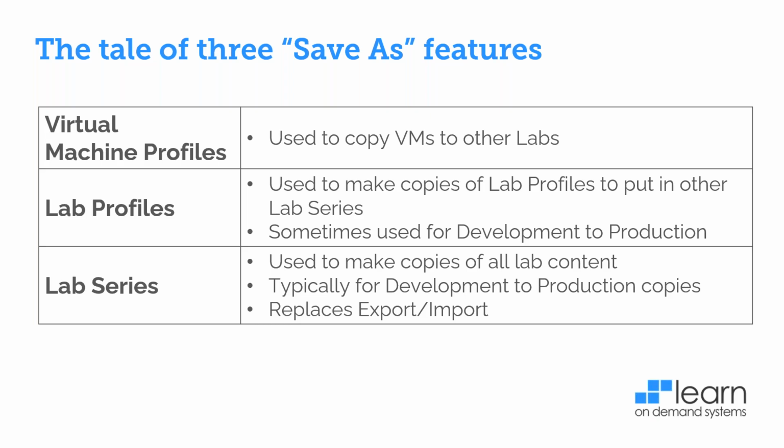It's now on its own, and it's separate from the original where it was first made. So if you make changes to a virtual machine in one lab profile, and that same virtual machine profile is used, it will get those changes. But if you actually use Save As, you can make it so that it's a separate copy.